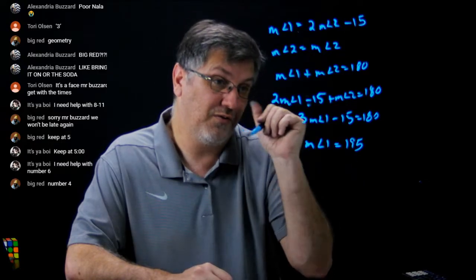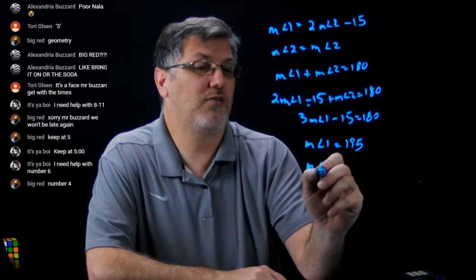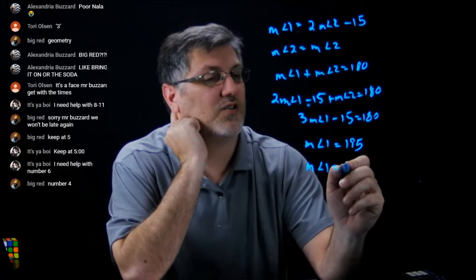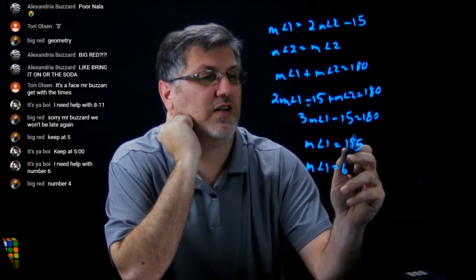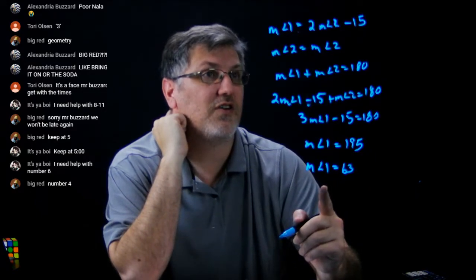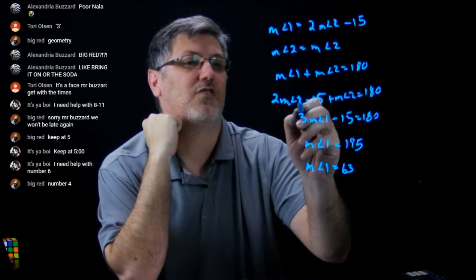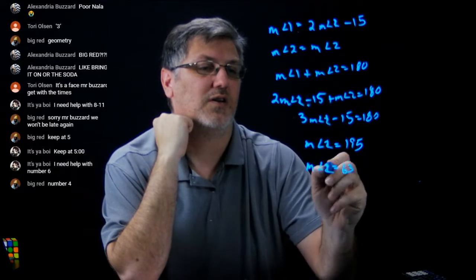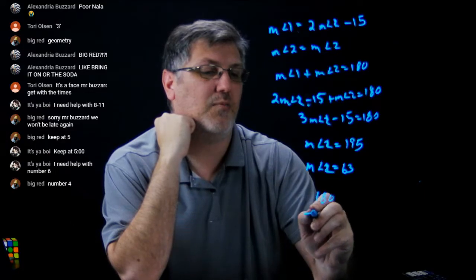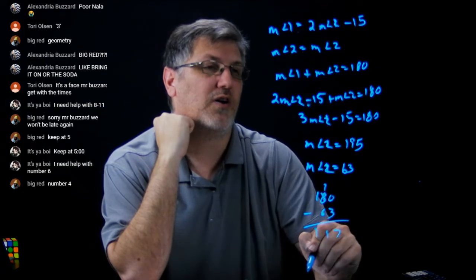And this doesn't go in even. No, 6, 15, yeah, it does. Then we just divide both sides by 3. That's going to give me 63. So the measure of angle 2 is 63 degrees. So now that we know the measure of angle 2 is 63, we can just do 180 minus 63, which gives me 117.